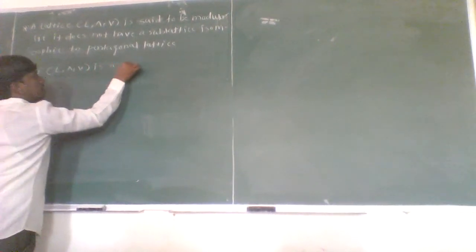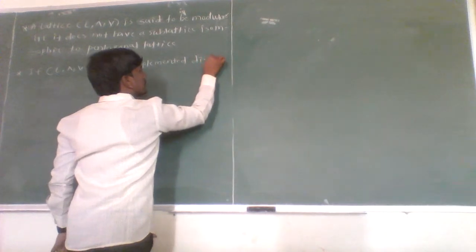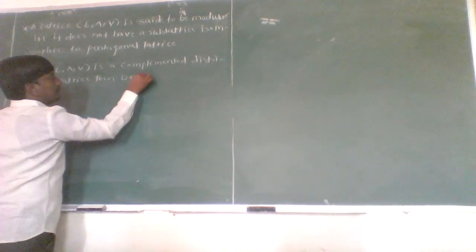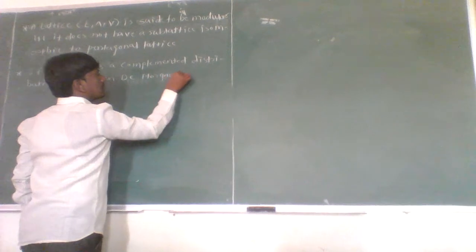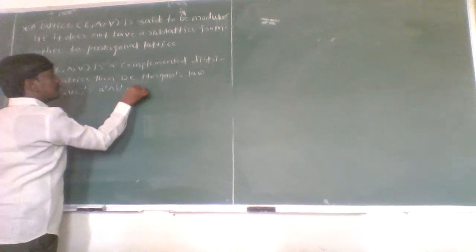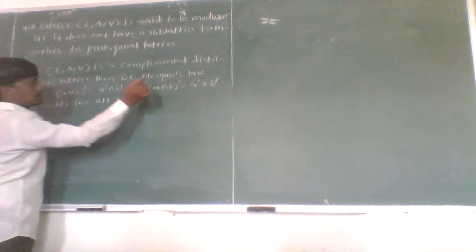If L with meet and join is a complemented distributive lattice, then De Morgan's laws, (A join B)' equals A' meet B' and (A meet B)' equals A' join B', hold for all A, B belonging to the lattice.